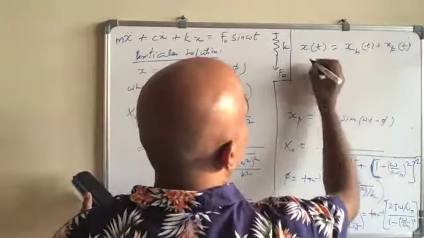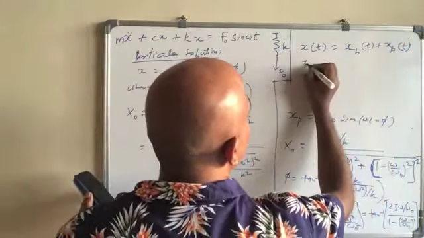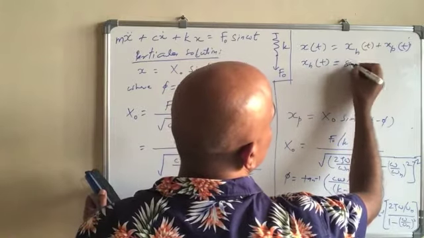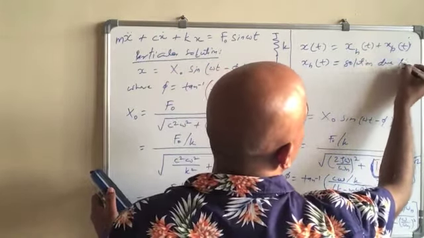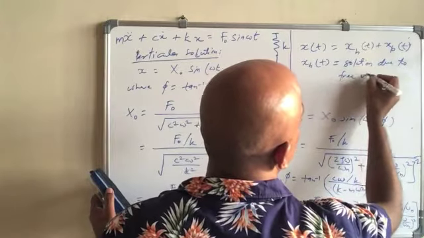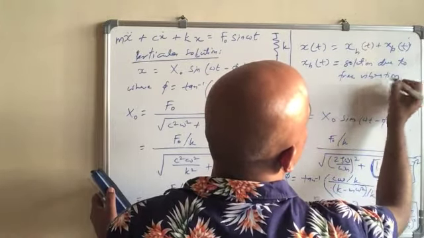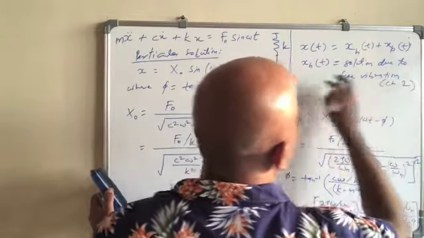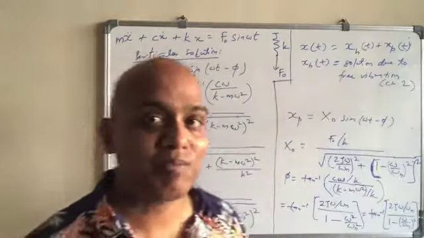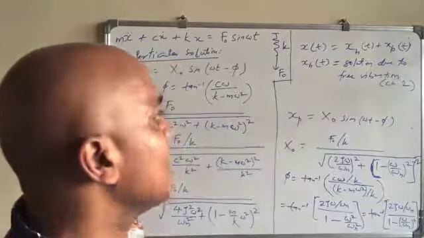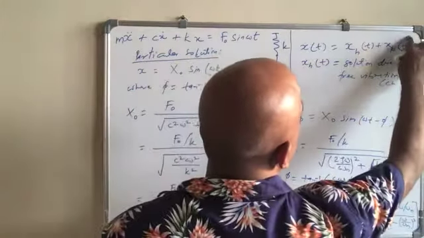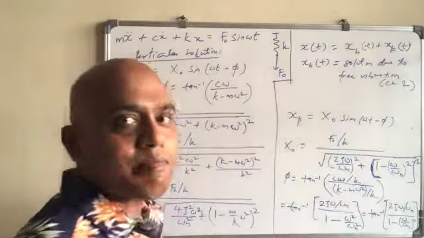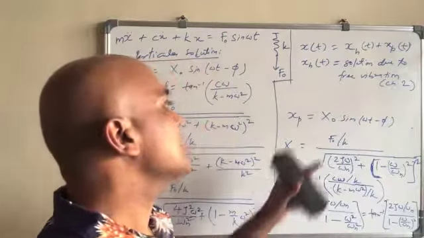And x h(t) will be the solution due to free vibration that we did in chapter 2. That x h you get from chapter 2. Then you have x p, which will be like this one, but x h, as I said, will die out very soon.